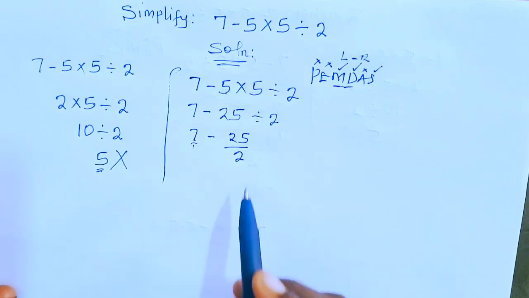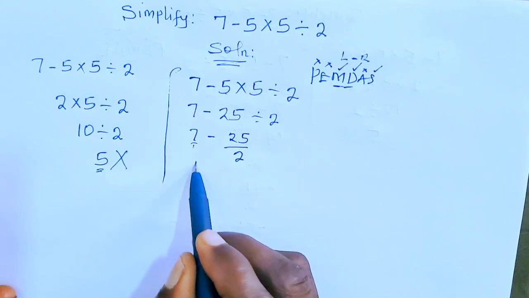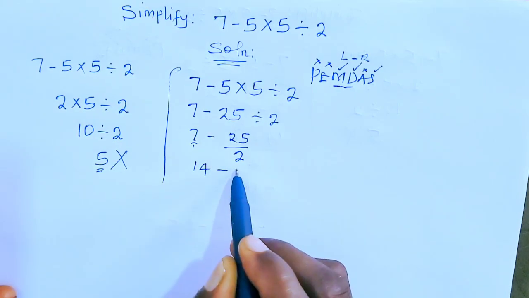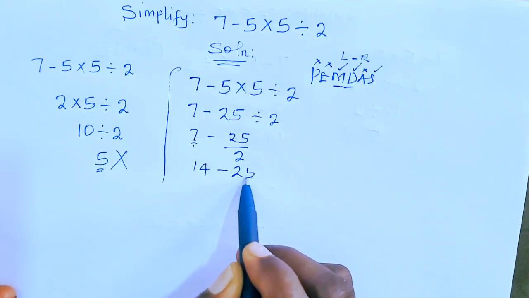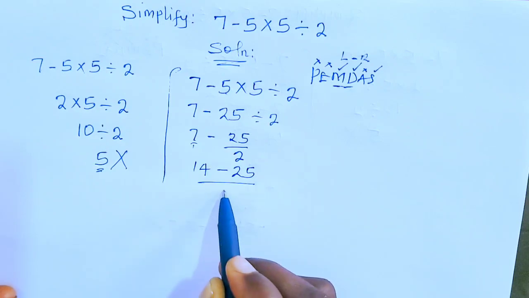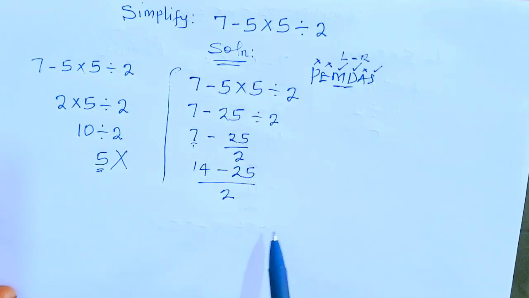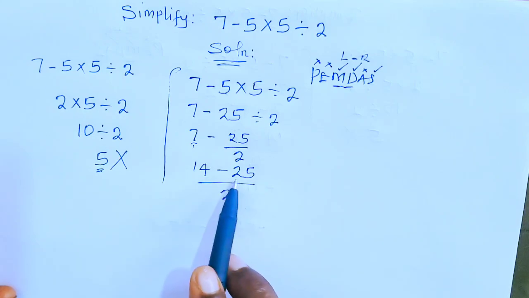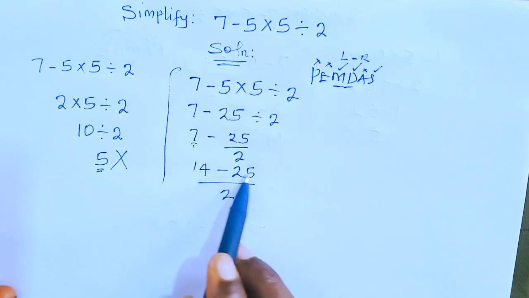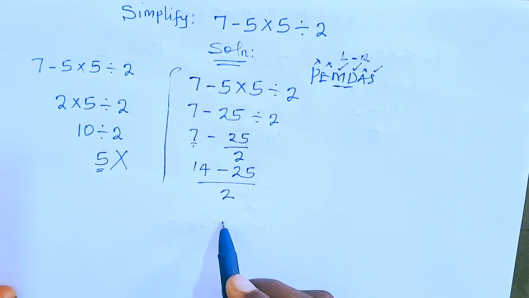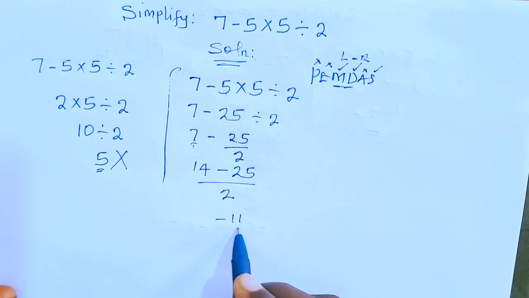Then we are going to have 2 times 7, that will give us 14 minus 25, all divided by 2. And we subtract the numerator, and we're going to have 14 minus 25. That will give us minus 11 divided by 2.